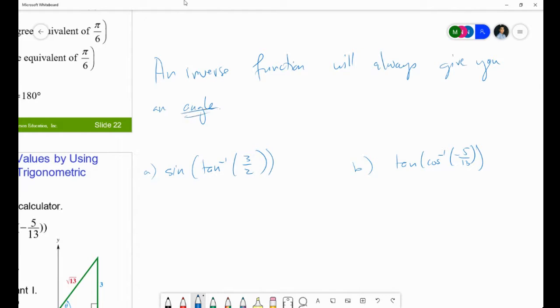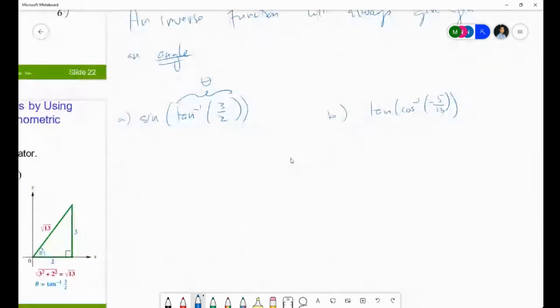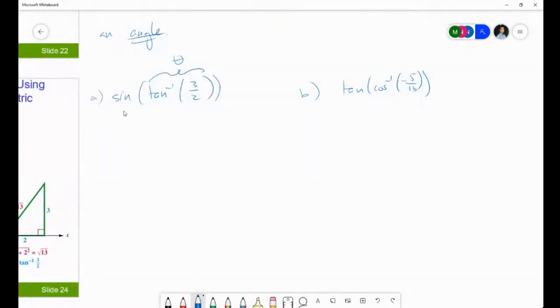Always return an angle, okay? So tan inverse of 3/2, this is an angle, theta. Now, do I have to know what that theta is? No, not necessary. That means that if I want to find sine of that angle, I have to sketch out my triangle.